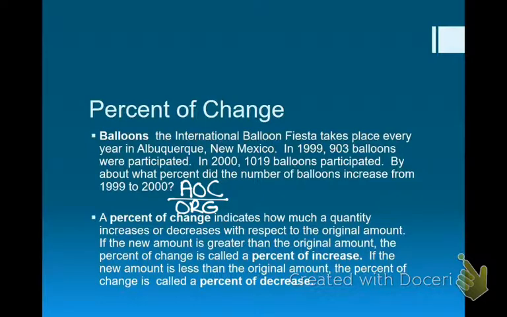What we can do is round these to the nearest value that would be easy to subtract. 1,019 is pretty close to 1,000, and 903 is pretty close to 900. What is 1,000 minus 900? 100. Now let's go with our leftovers, the 19 and the 3.